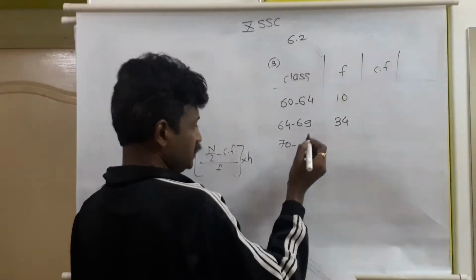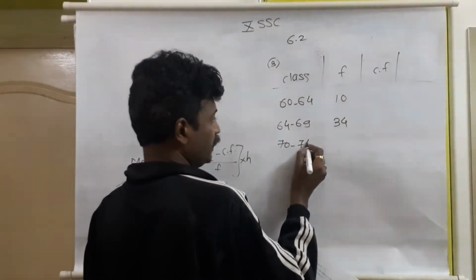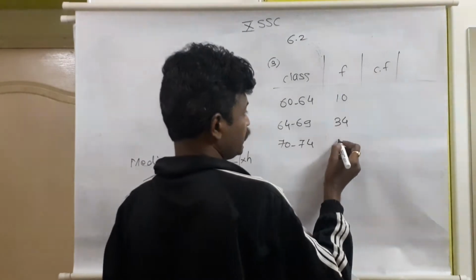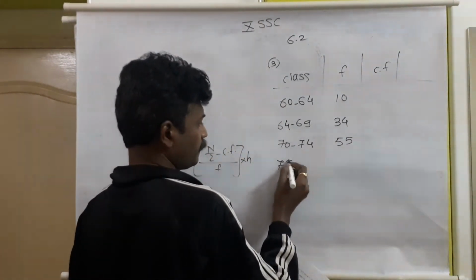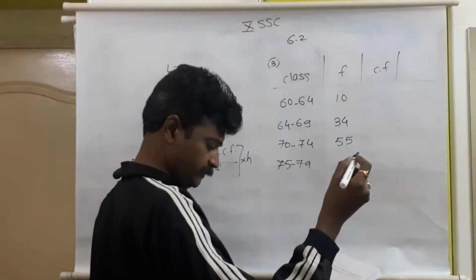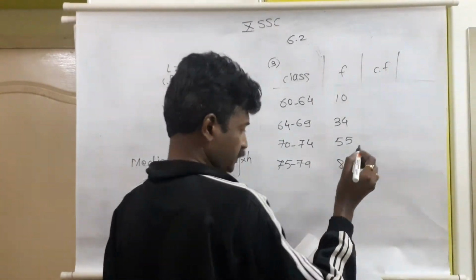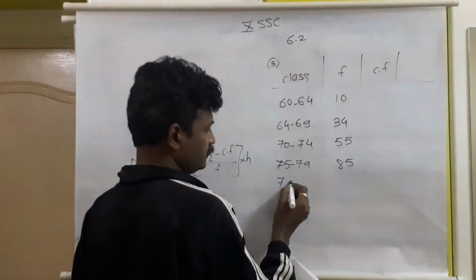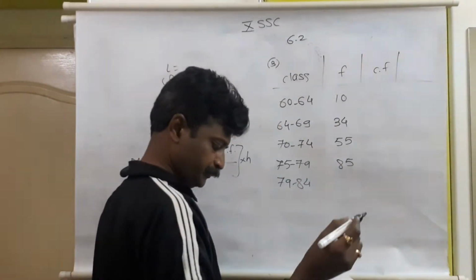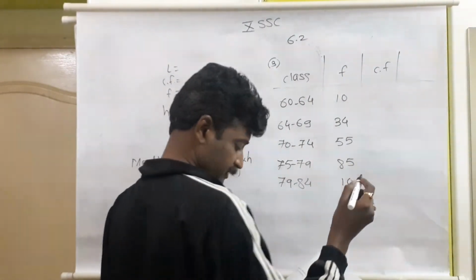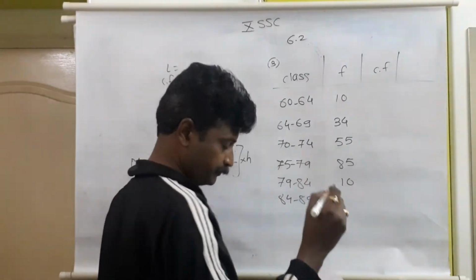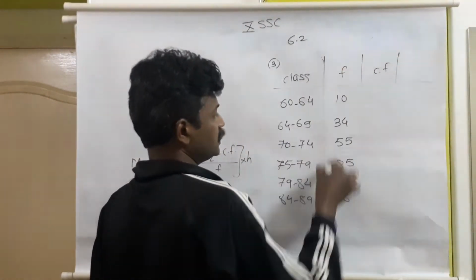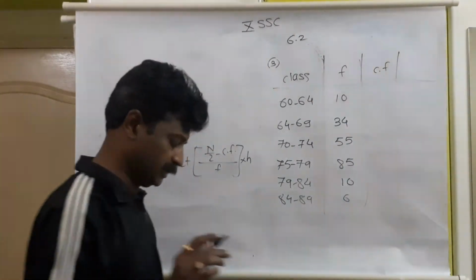Then 70 to 74, 55 vehicles. 75 to 79, 85 vehicles. 79 to 84 speed, 10 vehicles. And 84 to 89 speed, 6 vehicles. This information is provided in question number 3.